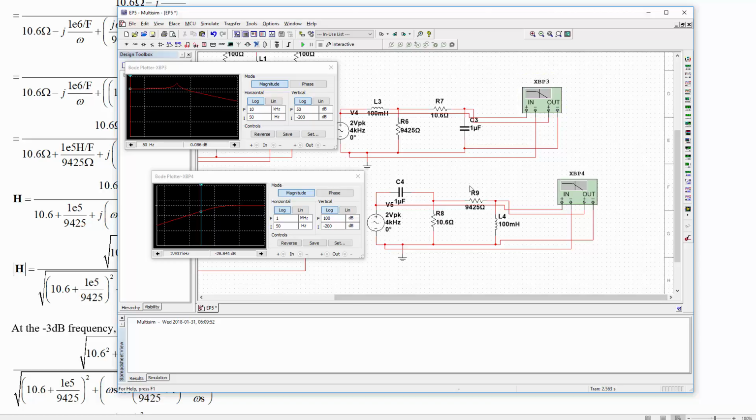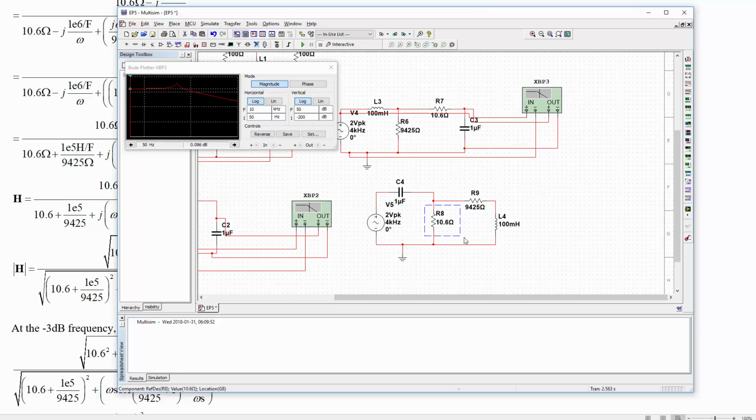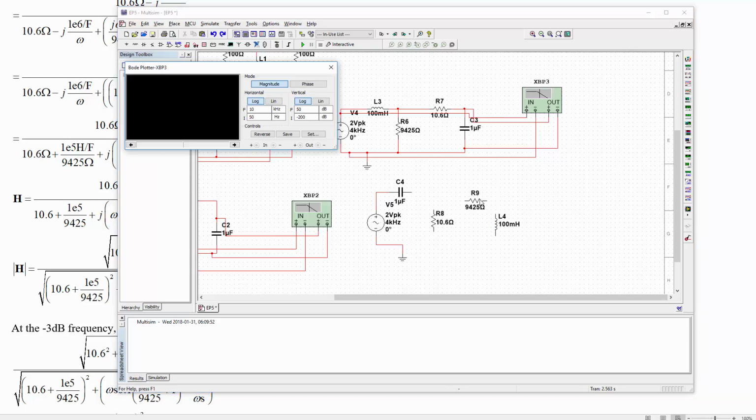Let's swap the stuff around to make it into a low pass. So what we need to do is maybe first get rid of this Bode plotter tool so that's not in the way. And we need to move these components around a bit. So let's get rid of these wires. We'll put this over there and put the inductor up at the top. And then we'll take the capacitor and put that on the low branch of that divider, and the resistor up at the top.